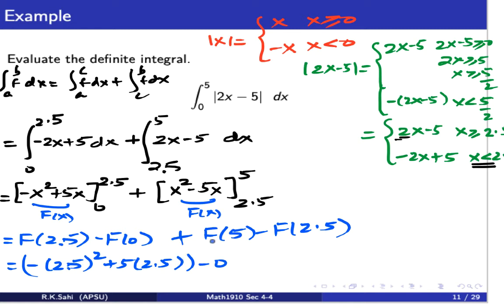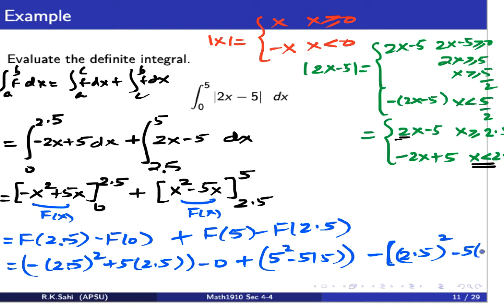And then F of 5: this F of 5 is what? 5 squared minus 5 times 5, so basically this also becomes 0. Minus F of 2.5 would be, remember, keep your brackets handy, 2.5 squared minus 5 times 2.5. So this one is also 0.